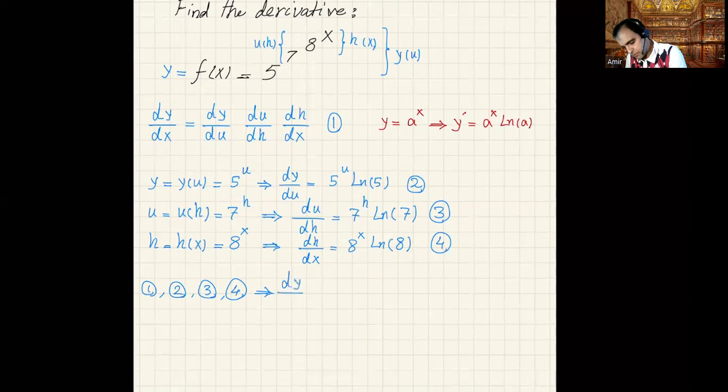dy over dx here is equal to this one, 5 to the power of u ln of 5. Let me put it in a bracket.